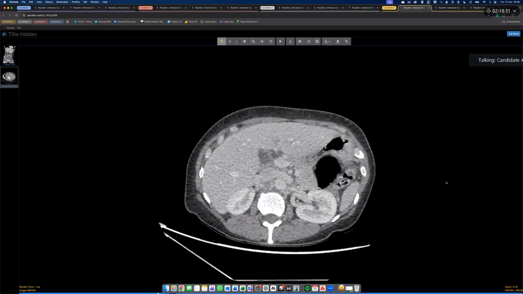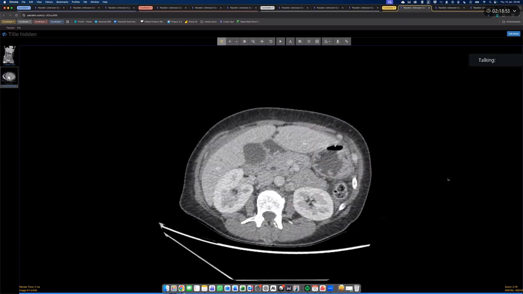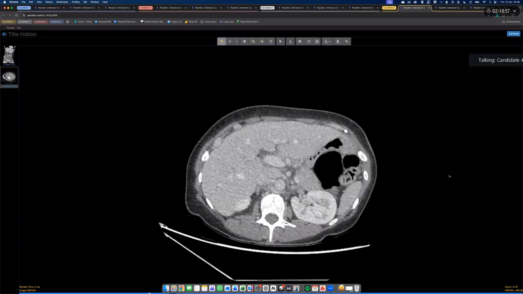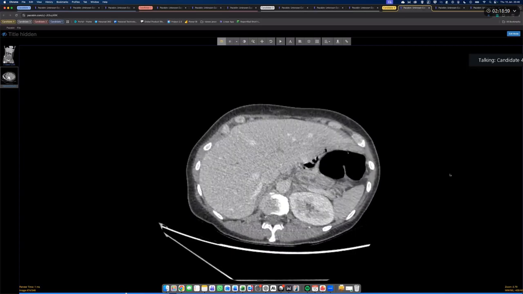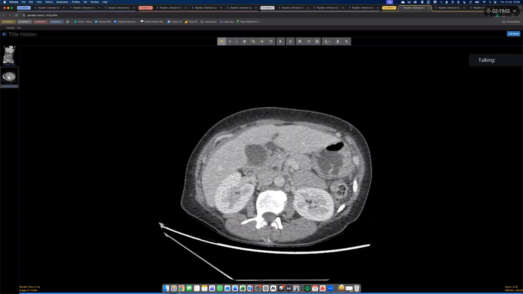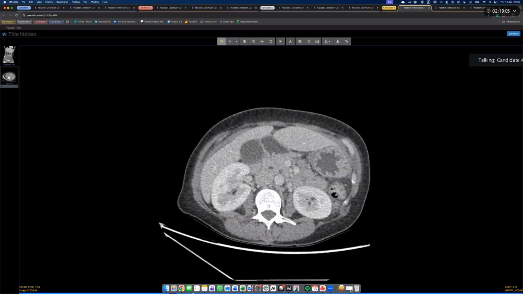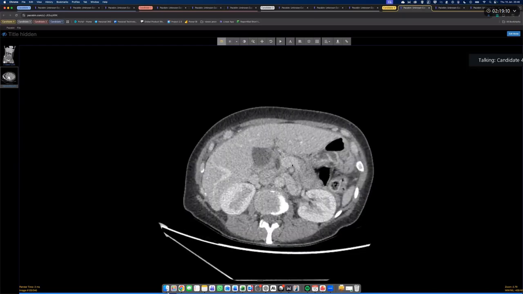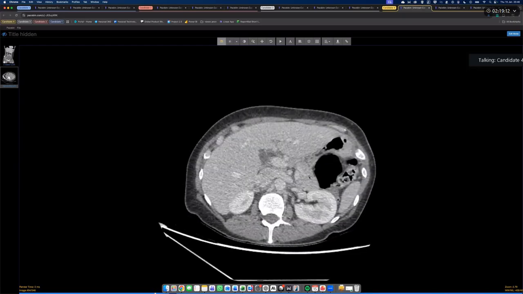I'm looking at the pancreas. So the pancreas appears normal. I could not find any lesion within the pancreas. Pancreatic duct is slightly prominent.